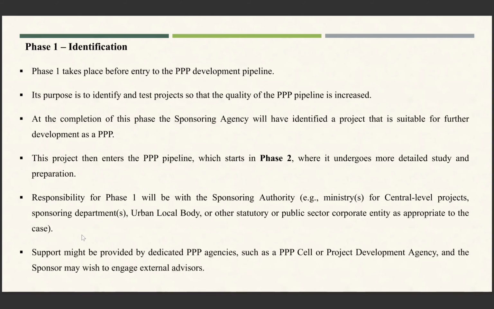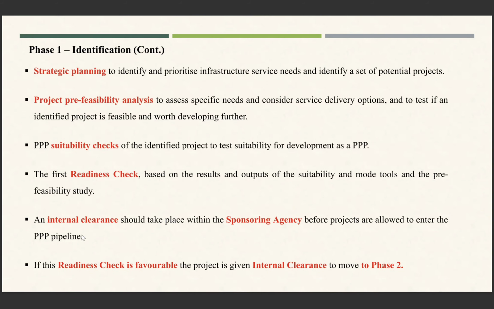So in phase one, there is strategic planning, project pre-feasibility analysis, and suitability checks of the identified project to test suitability for development. And the first readiness check, based on the results and output of the suitability and mode tool and the pre-feasibility study, is done in phase one.